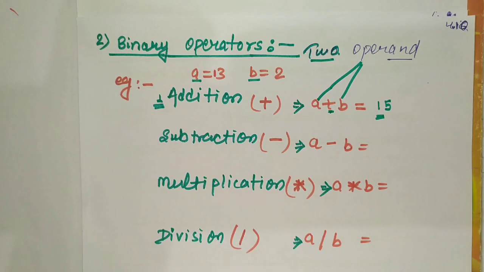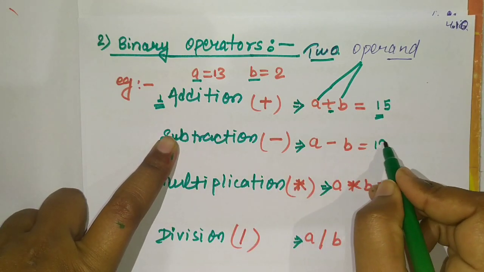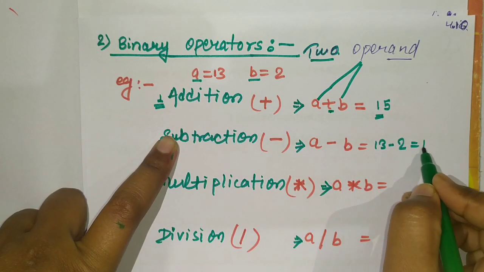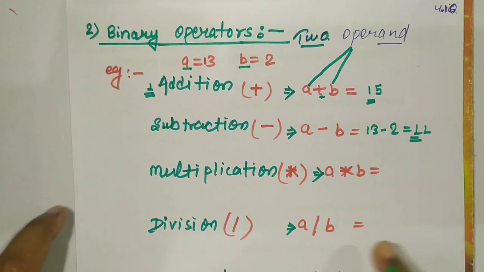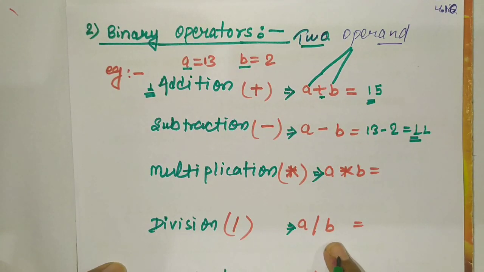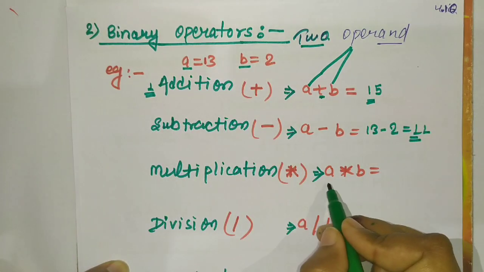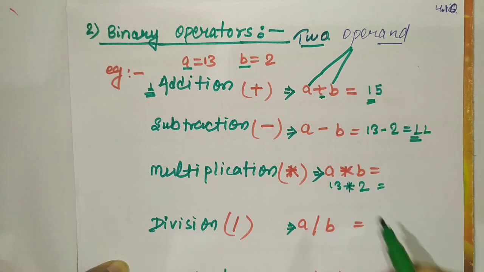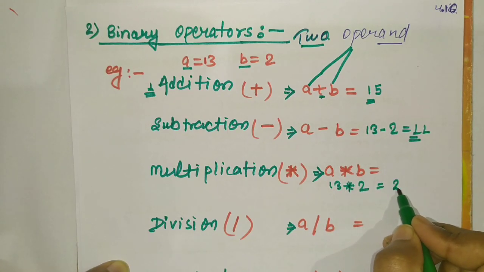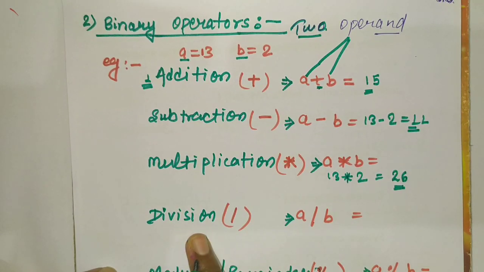The next operator is subtraction, 13 minus 2, that is 11. Then multiplication, A into B, that means 13 into 2. This is the multiply sign. The answer is 26.